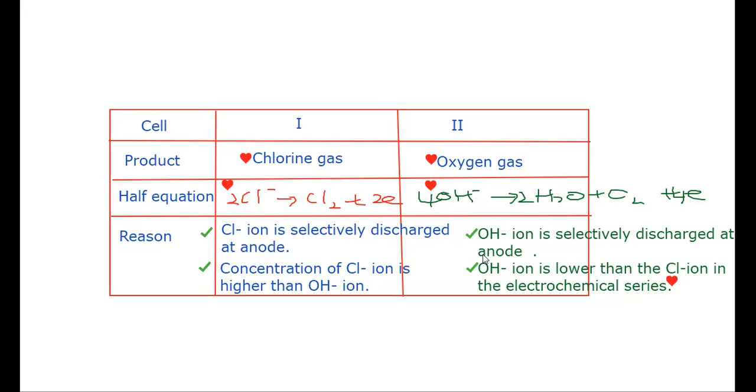Now, an extra question for you. If I want you to test for the presence of the chlorine gas in set 1, how are you going to test? I repeat, I'm going to give you the question. State a chemical test for the presence of chlorine gas.